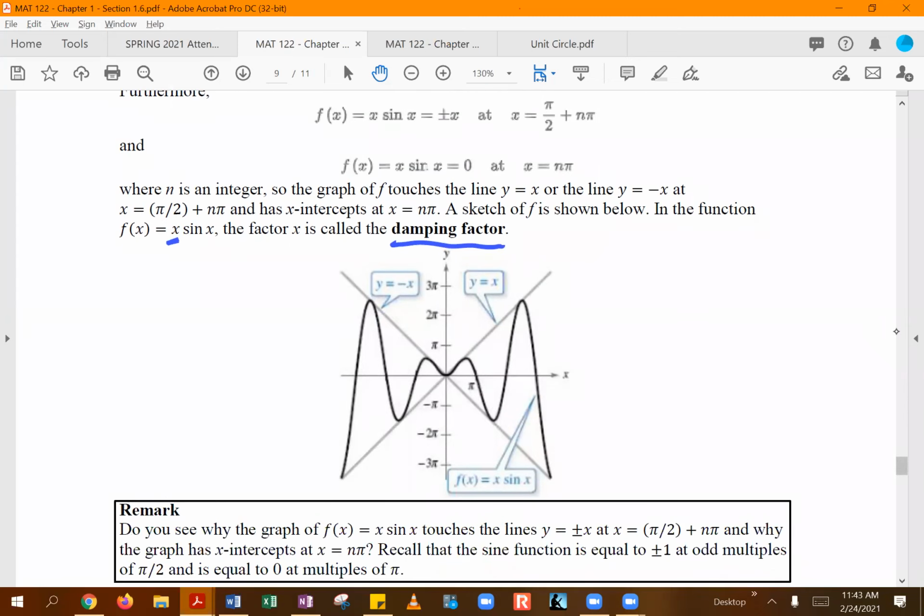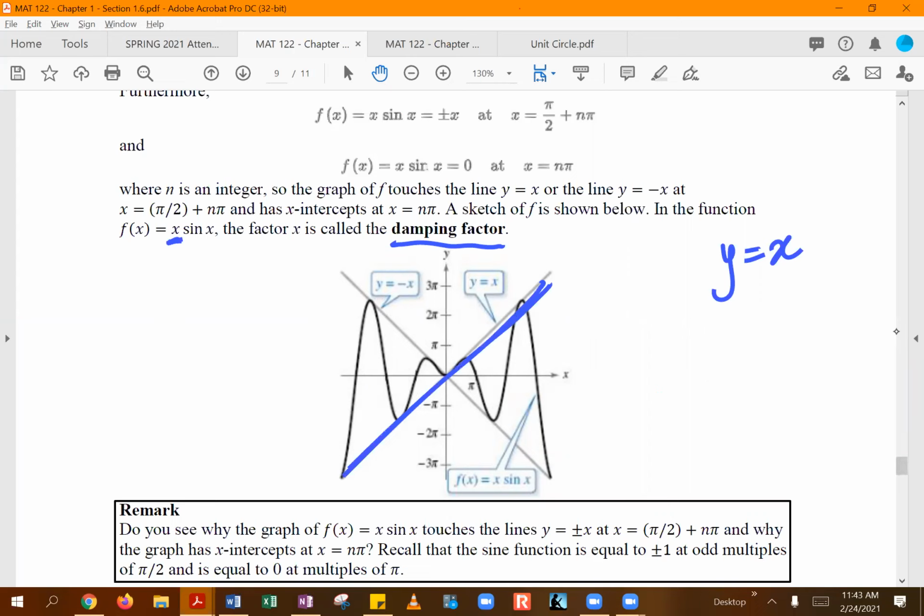So what it does is it affects, of course, what your y values are going to be, but also affects the shape of your graph. Because if you think about this damping factor of x over here, that's basically the line y equals x, because that's this line over here.